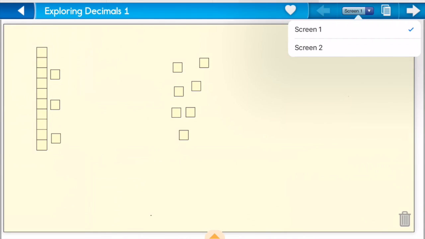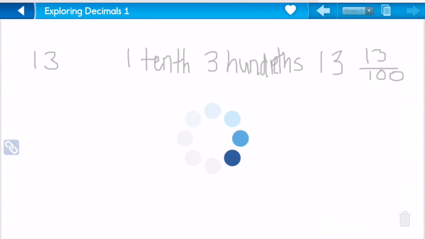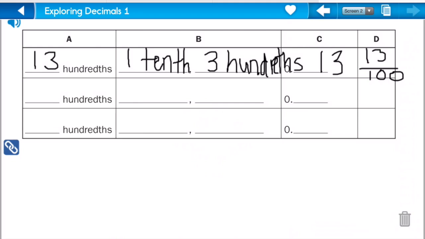Now let's go fill out our chart. So I have 7 hundredths, and now we're going to show how we write that.